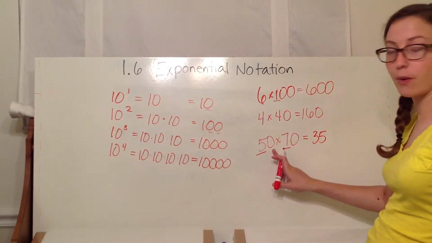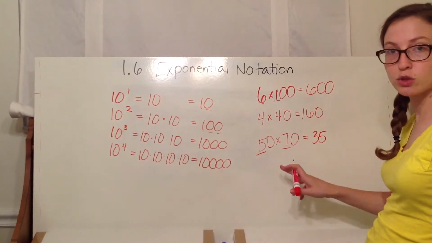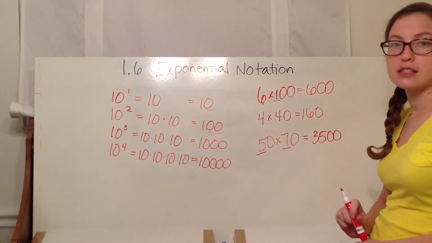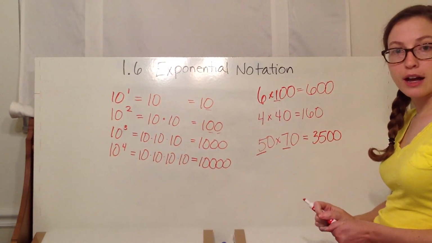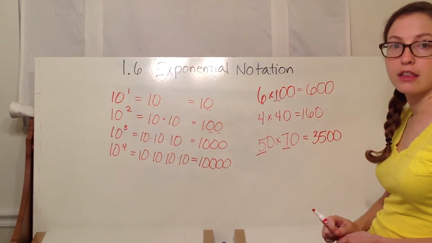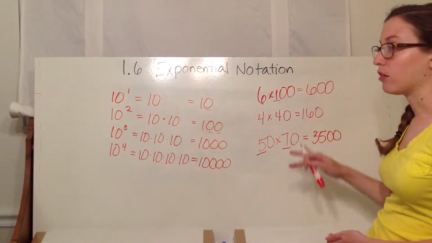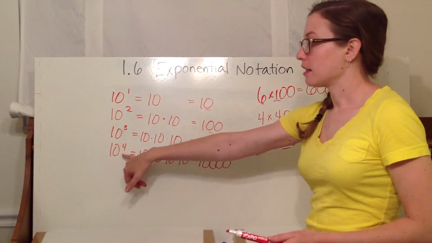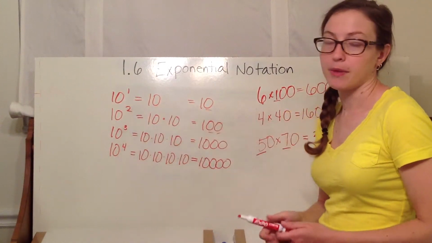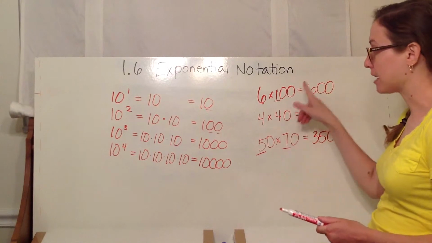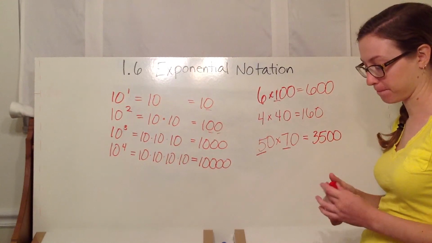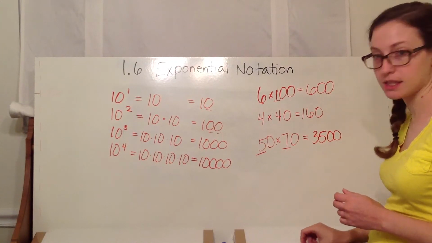And I had a 0 on each, which means I had 2 zeros. So this is a little shortcut that will help you do some mental math and not have to write out long multiplication for a lot of things. If we have anything times a power of 10, that makes our lives easier when we're doing the multiplication. Okay. See you next video.